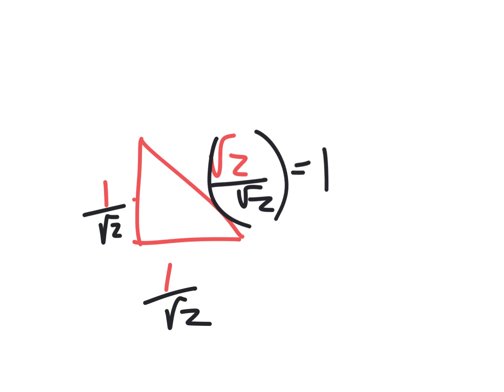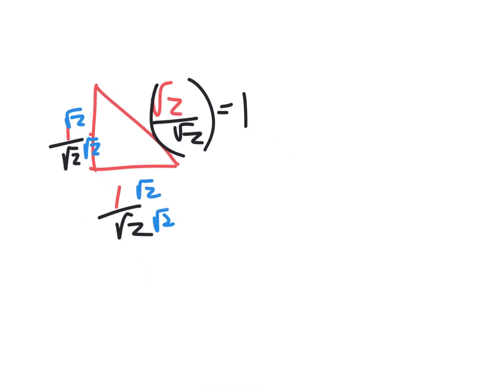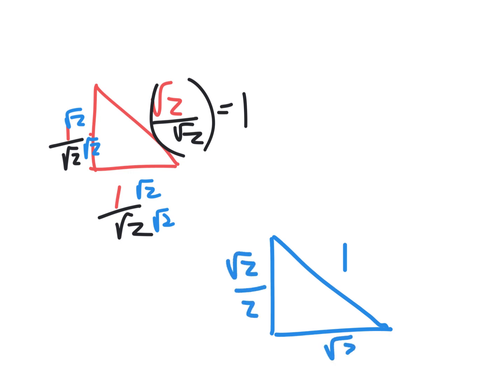But then these are kind of gross. And these would be rationalized. So that means you've got this strange looking triangle that's still a 45, 45, 90. It's root 2 over 2 here, and root 2 over 2 here, and a 1 there.